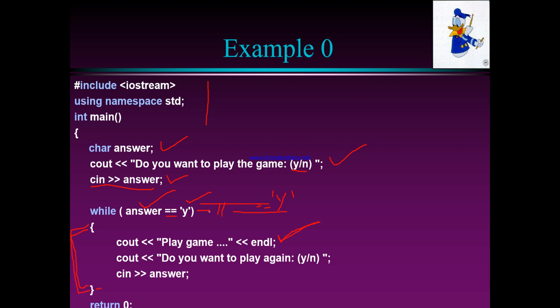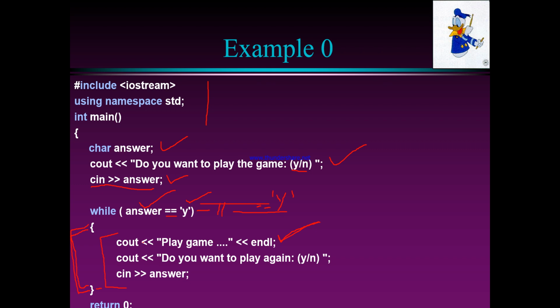Okay, it will be called a single line while statement. However, here we can see that we have introduced the curly braces, which means that we have introduced the body of the while statement, and we have three statements within the body.